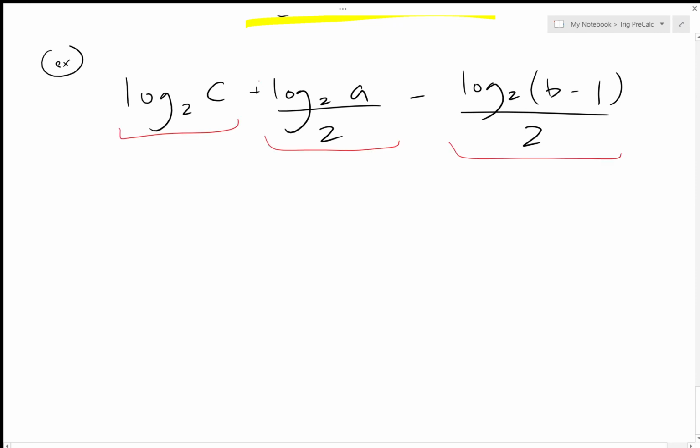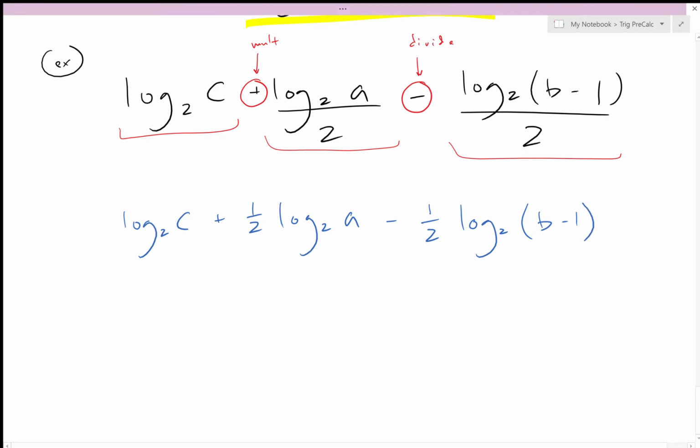The first 2 are connected with addition, the other 2 are connected with subtraction. All right, so this one's going to become a multiply, this one's going to become a divide. Anytime you see those fractions, it might be a good idea to rewrite them as a little small fraction in the front, so the 2 becomes a 1/2 right there. Maybe at least then we can make a little bit more sense of it.